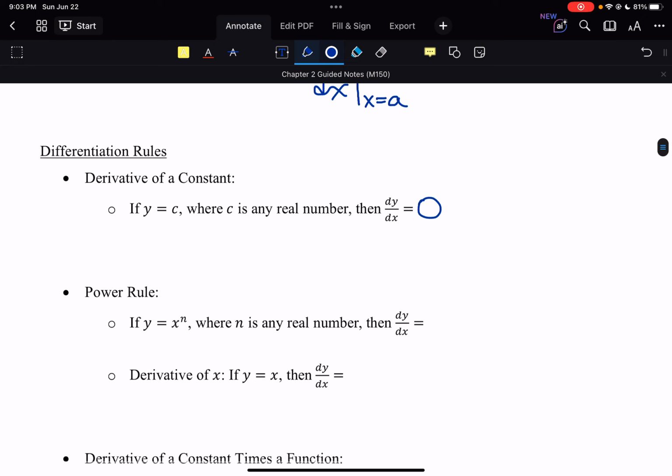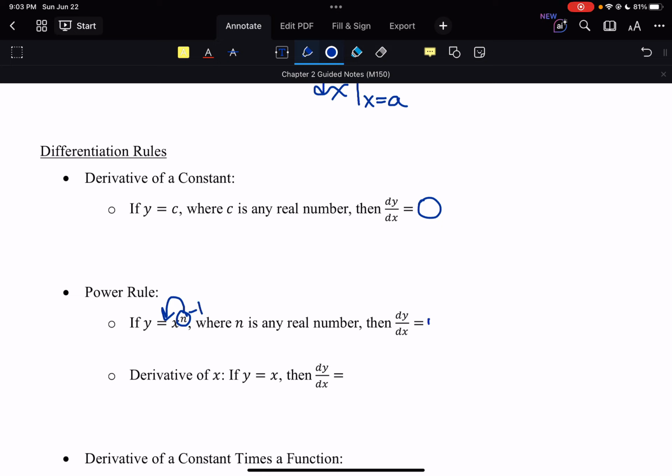Here we have one of our most used properties because we work with polynomials so much, and that is the power rule. The power rule says if you have a function x to the n, where x is a variable and n is a real number, to take the derivative of this, we're going to take that n value, bring it down to the front of the formula, and subtract 1.